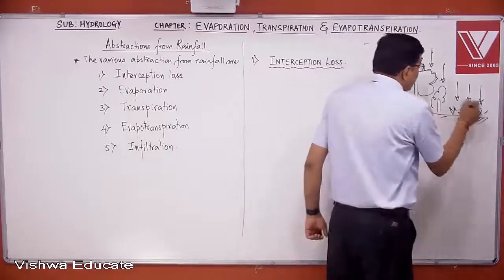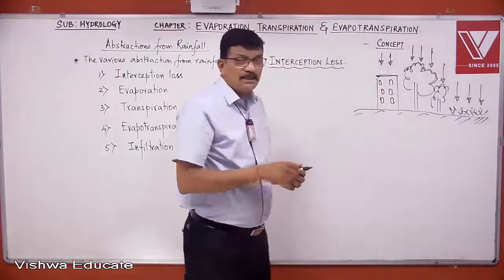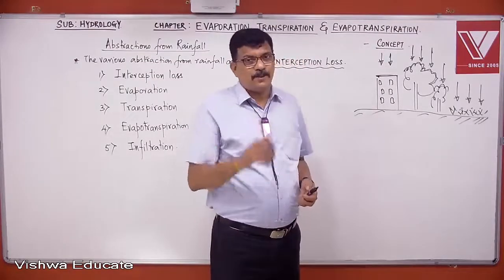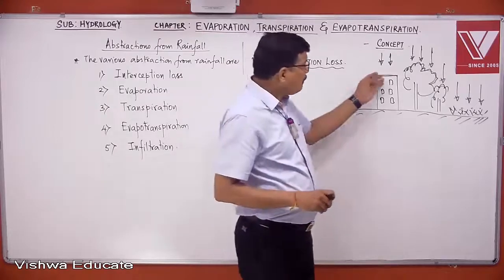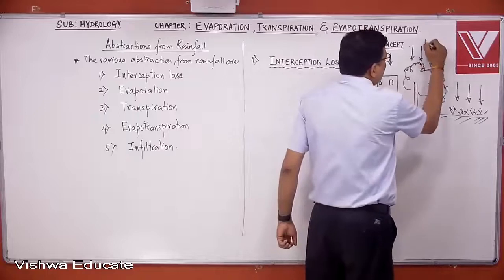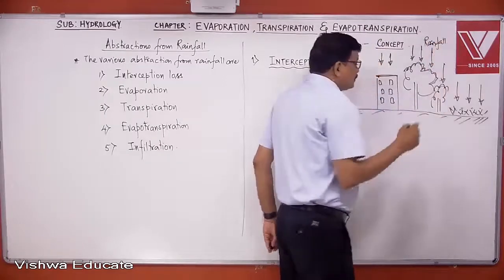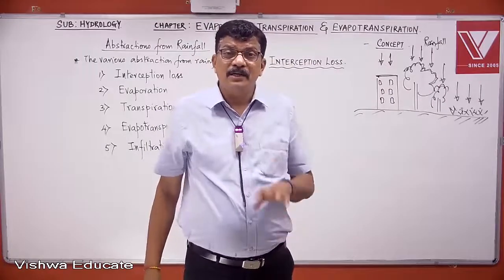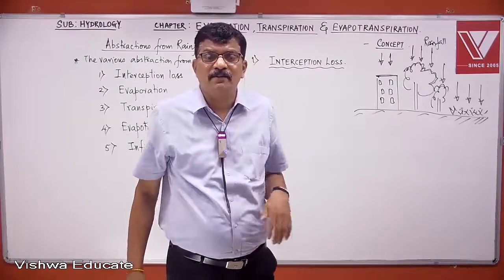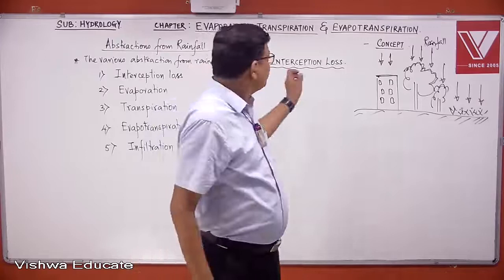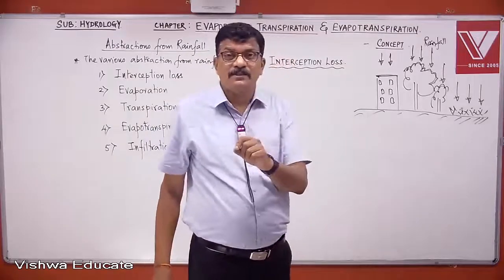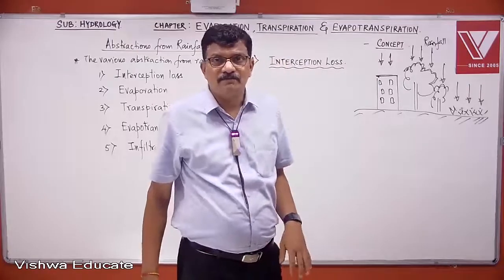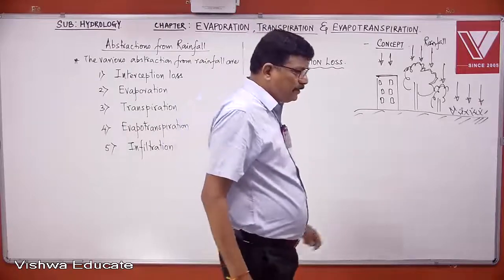Okay, the same water, without really coming into contact with the ground, evaporates. So some part of the rainfall doesn't actually reach the ground, and it is evaporated back to the atmosphere. This fraction of rainfall is termed as interception loss, because this fraction finally evaporates back to the atmosphere without reaching the ground.